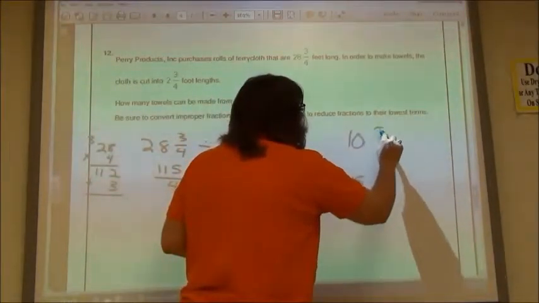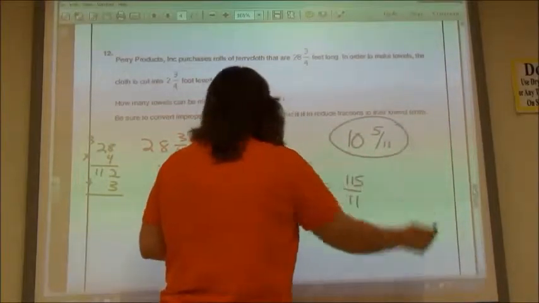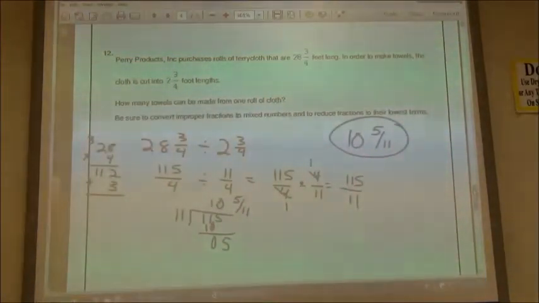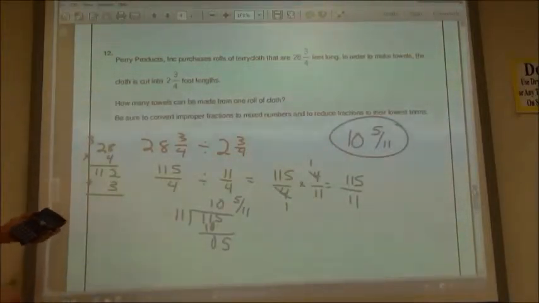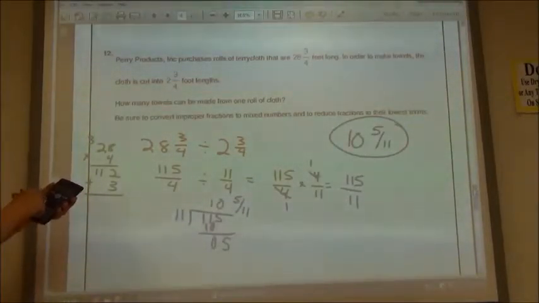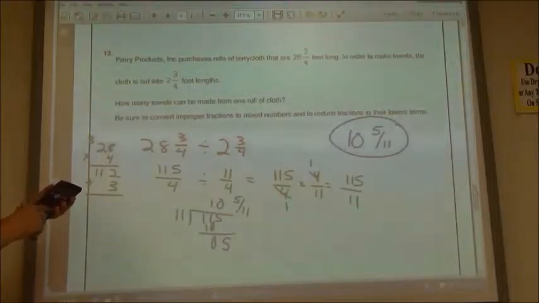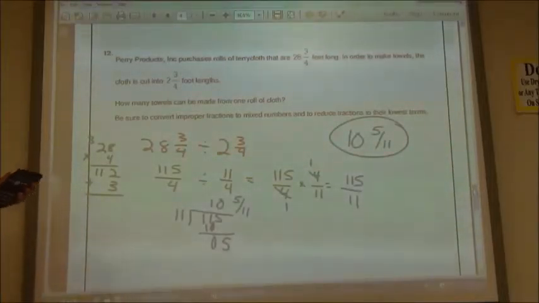So 10 and 5 11ths is what I can do. So actually I can make 10 towels, but I got a little bit left over. So again, I'm going to take my 28 3/4, divide it by 2 3/4, and I should get 10 and 5 11ths, which is what I did.